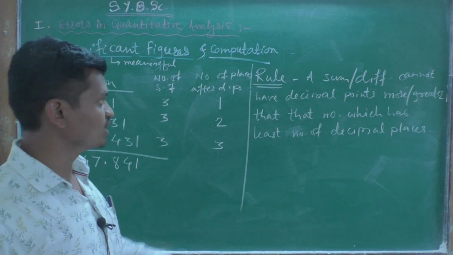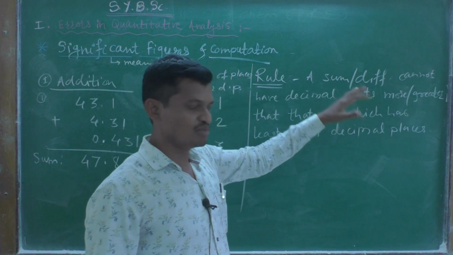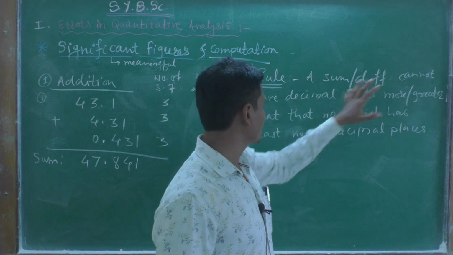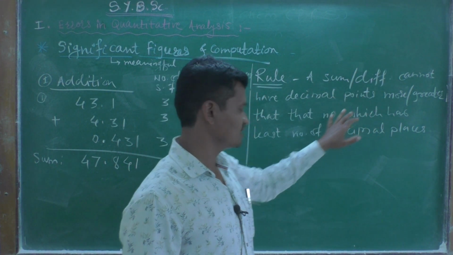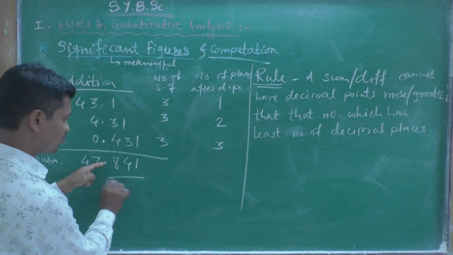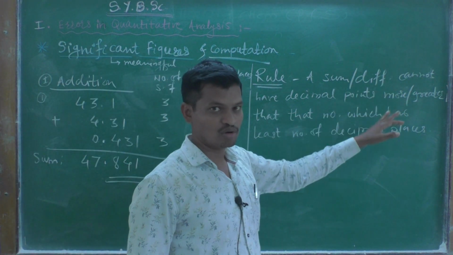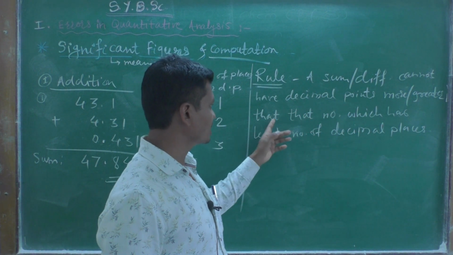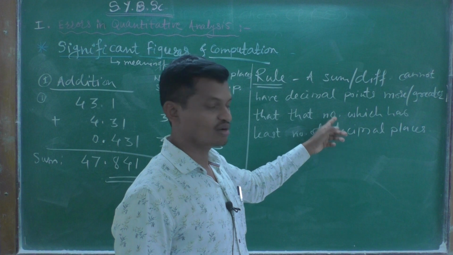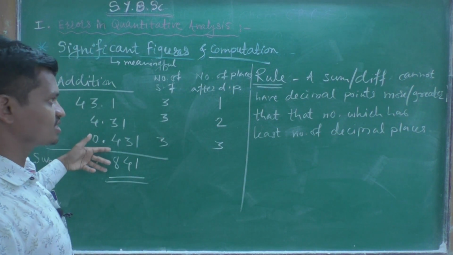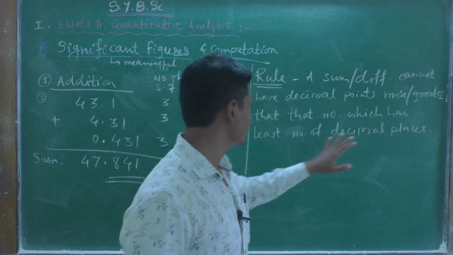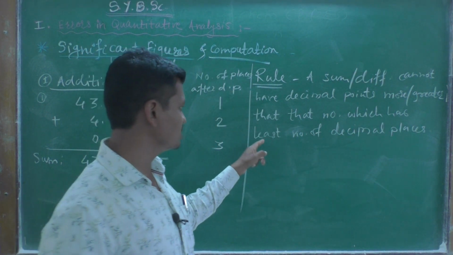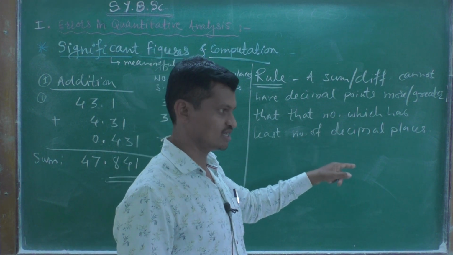This rule is very important. So in addition or subtraction, the result cannot have more decimal places than the given number which has the least number of decimal places. Least means the lowest number of decimal places.